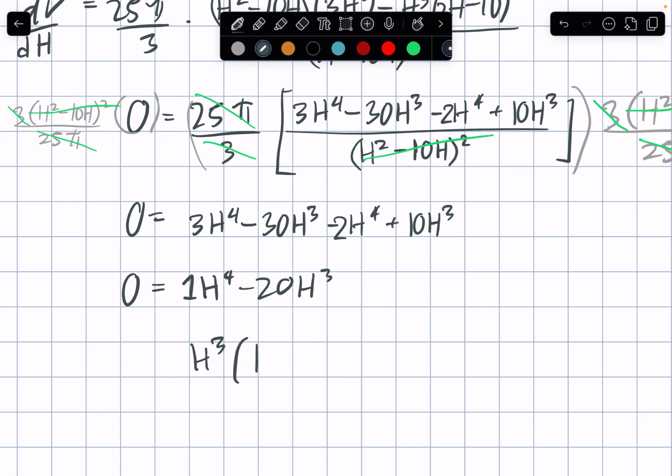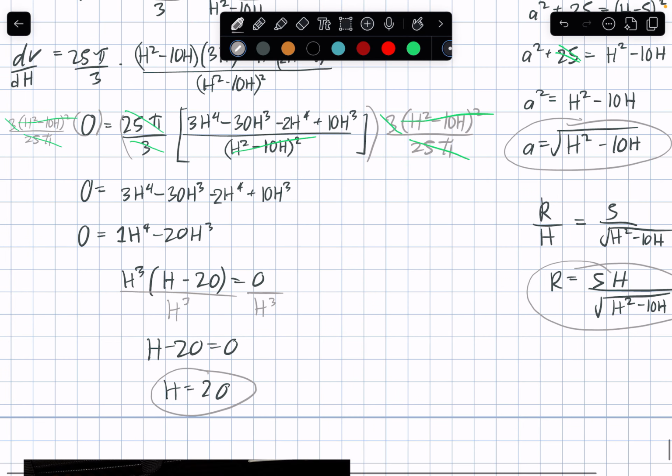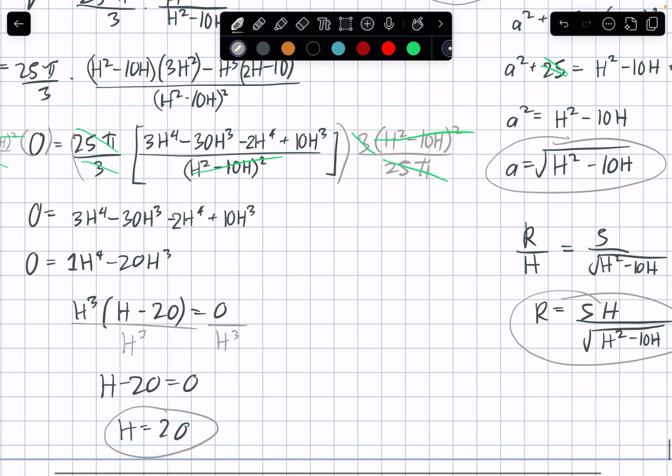So h cubed times h minus 20 is equal to 0. If you divide both sides by h cubed, what you have left is h minus 20 equal to 0. So h equal to 20. That is the height.